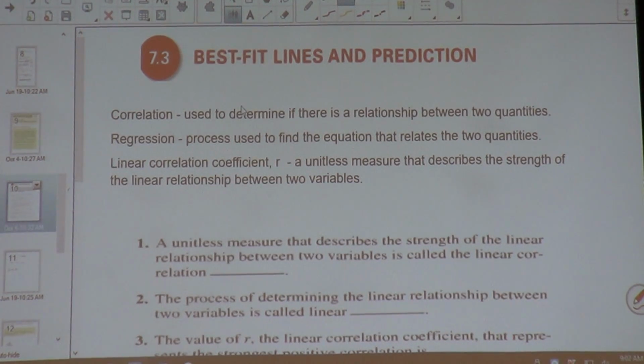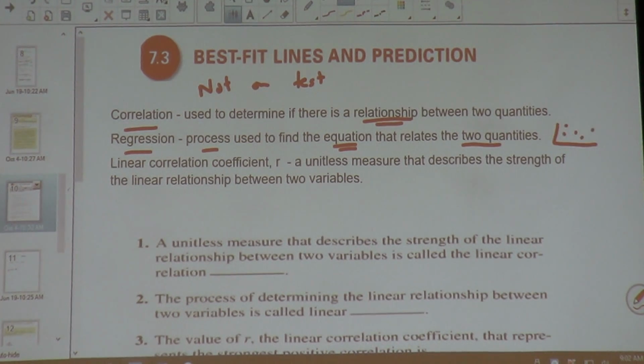This is not on the test, but it's some good things for us to go over to make sure that we understand it. So I'm gonna put not on test. I don't give you vocabulary per se on test, but you have to know what you're doing. Okay, correlation we've talked about is a relationship. Regression is the process to find the equation that relates the two quantities.